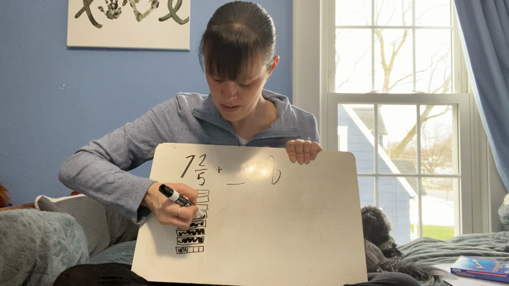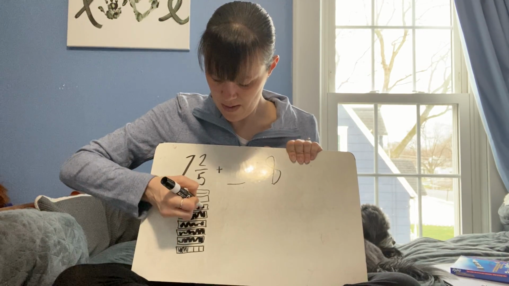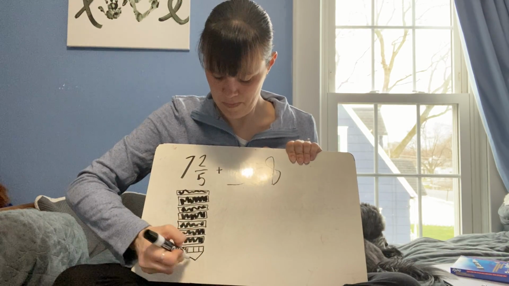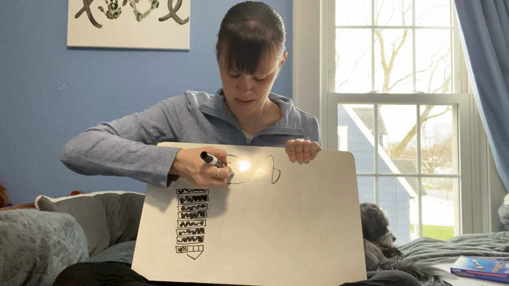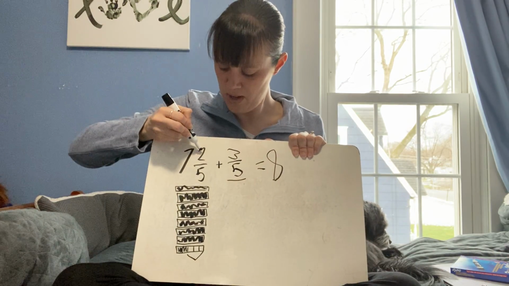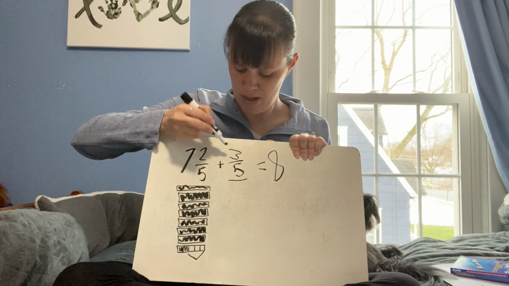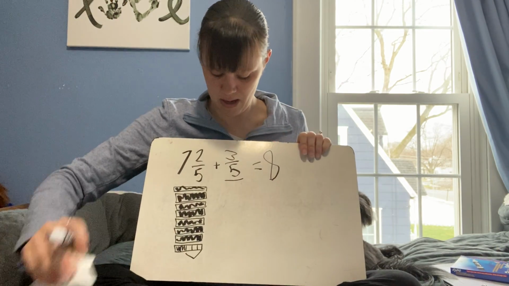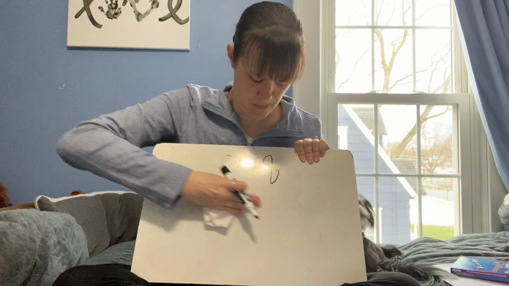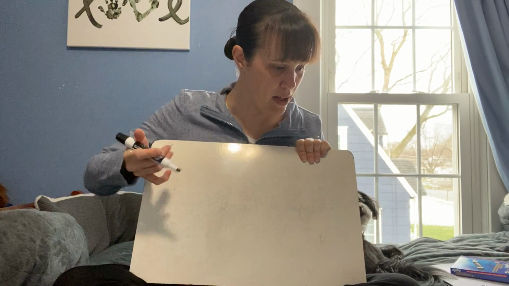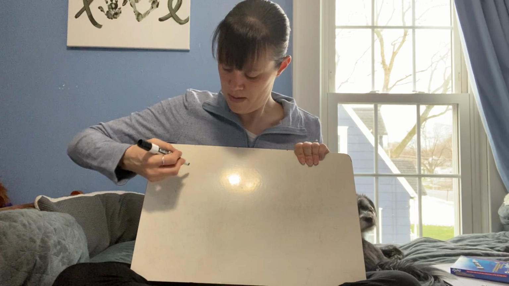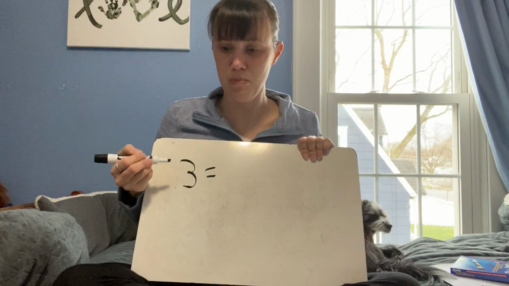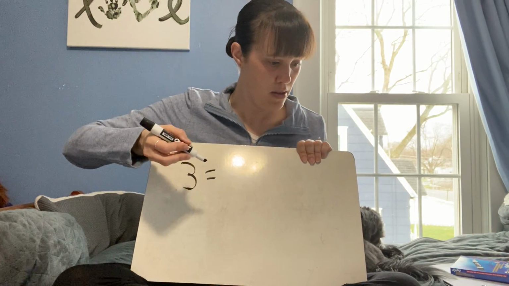How many more until I have 8 whole shaded in? And as you can tell, I have 3/5. I'm sure you probably figured out that 2 plus 3 is 5. So once we get our 5/5, we'd have another one to add, another whole number to add. All right, so 3 is equal, oh, they switched that on us. It doesn't matter. It doesn't matter if it comes at the beginning or the end.